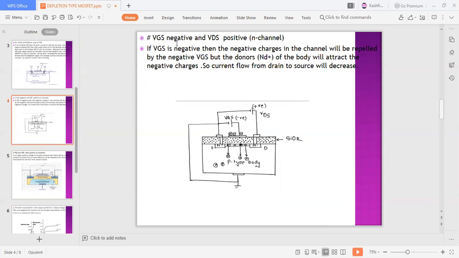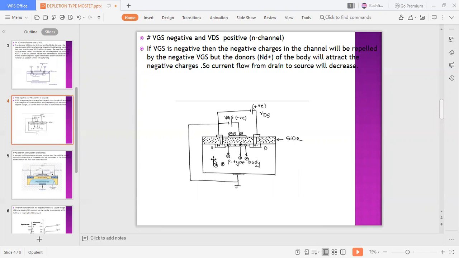Now, for negative value of VGS and VDS positive in n-channel MOSFET. If VGS is negative, then it will repel the negative charges in the channel, and the donors in the p-type body will attract the negative charges.